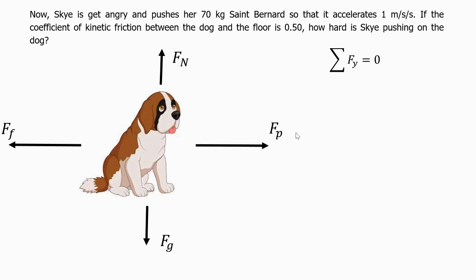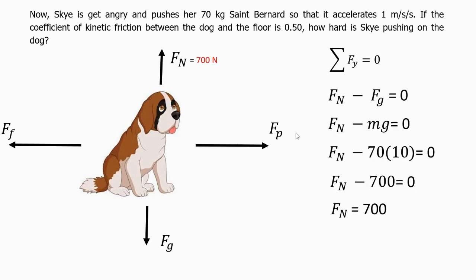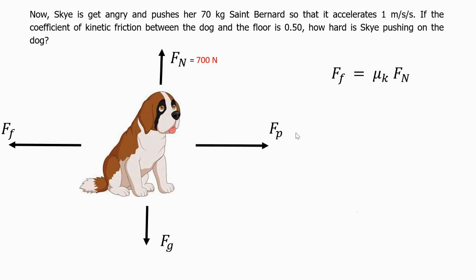So before we can figure out the friction force, we have to figure out the normal force like last time. It has not changed. It's still 700 using the same technique. The vertical forces of the normal force and gravity have been balanced the whole time, regardless of whether the dog's still or moving horizontally. So now we can put our number for the normal force into the equation.